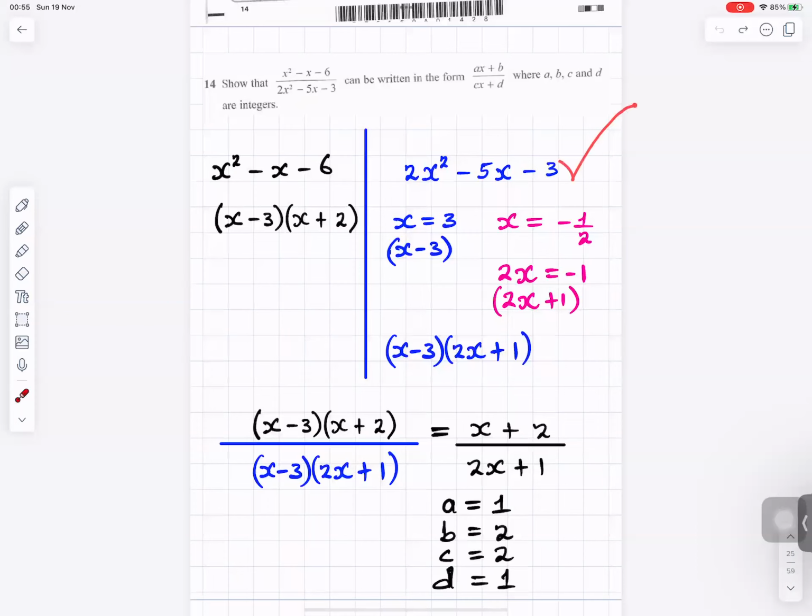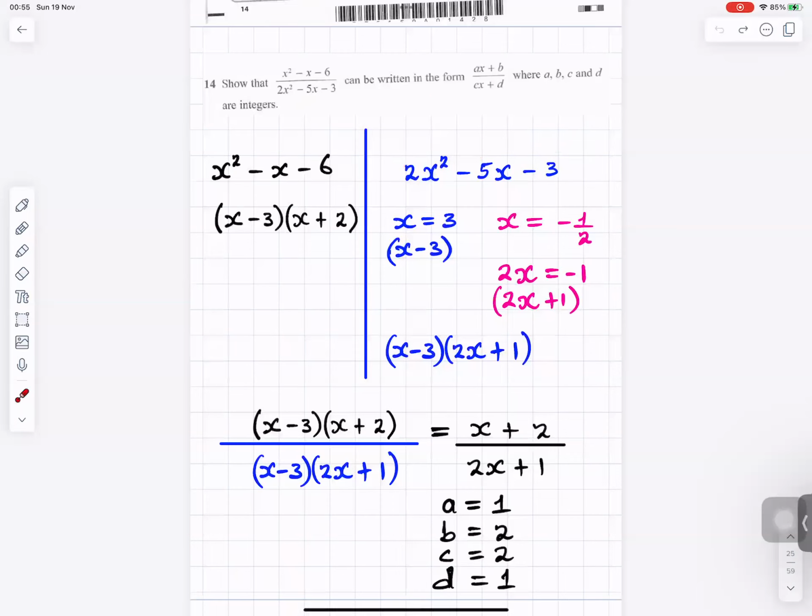Now, the trick to put this denominator in a pair of brackets is to use your calculator. If you go to your calculator to solve quadratic equations, you put a to be 2, b to be minus 5, and c to be minus 3.